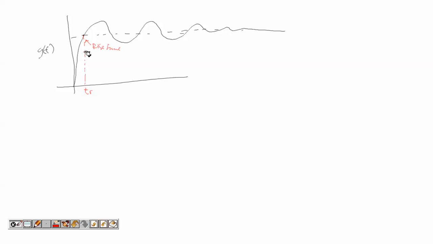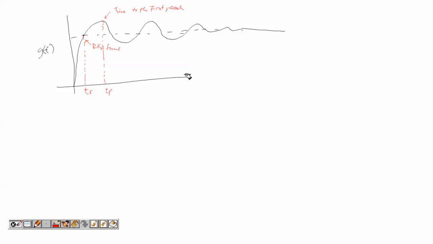Okay, and the time to reach the first peak we call the time to first peak, or TP. And then the settling time.